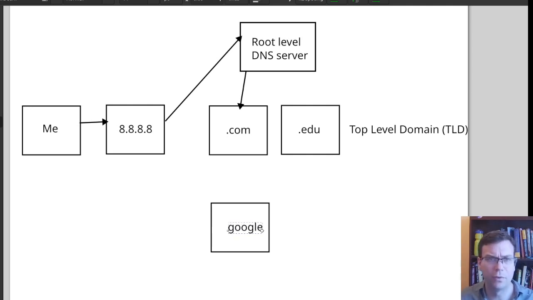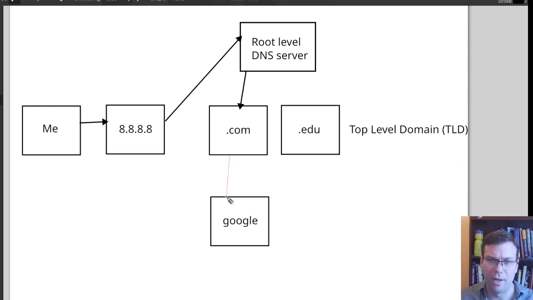And this authoritative server will know all sorts of stuff. Not just what's google.com, but also maybe what's images.google.com, what's the mail server for google.com, things like that. So this will bounce us down to what's known as the authoritative server. So we're getting more and more specific here.